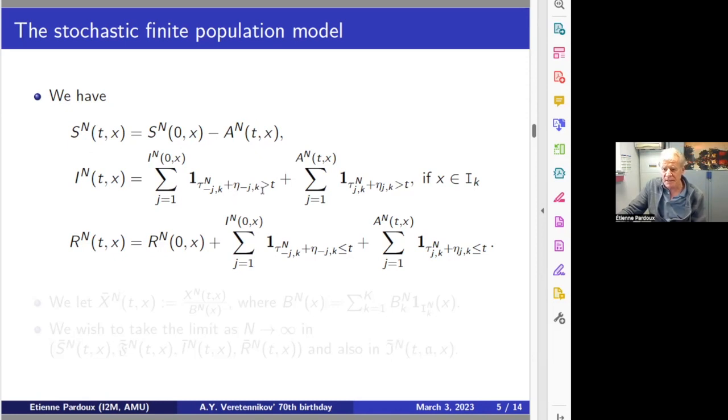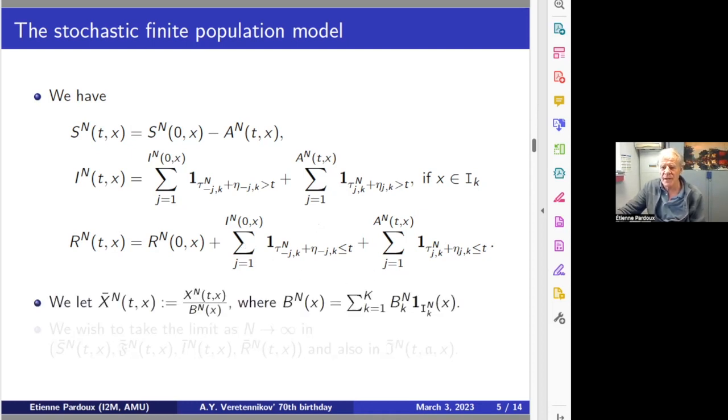They will recover later, after time t, plus those who have been infected on the interval (0,t] and will recover later after time t. And then the recovered individuals are those who possibly were recovered at time 0, plus those who were infected at time 0 but have recovered since, before time t, and similarly for those who have been infected on the interval (0,t] and are recovered by time t.